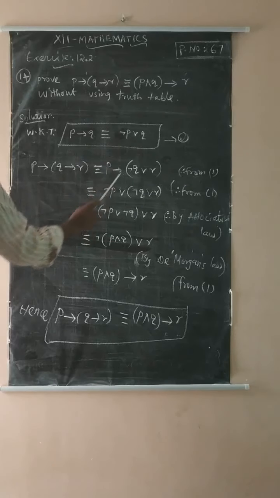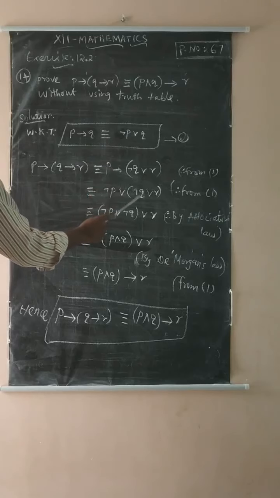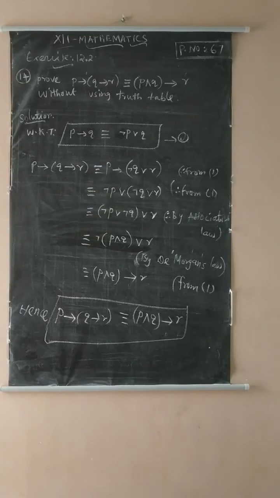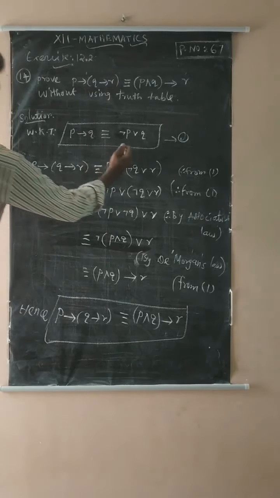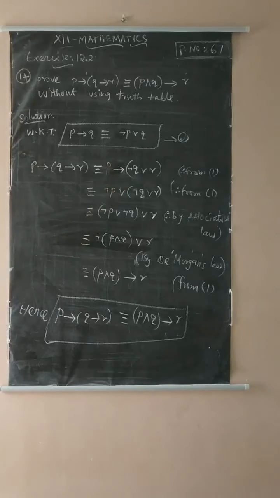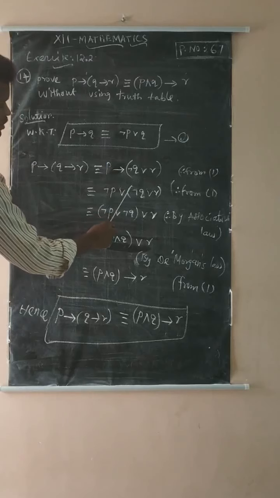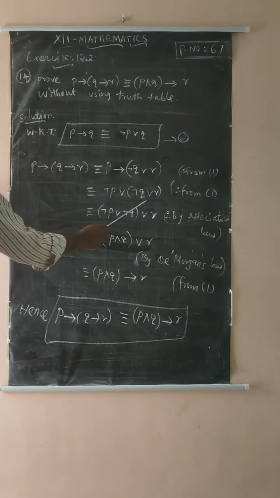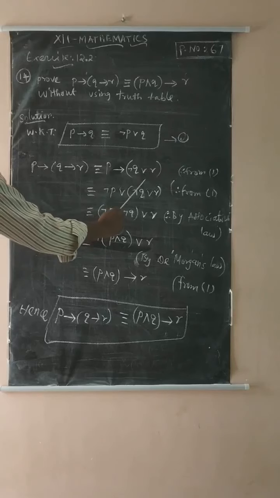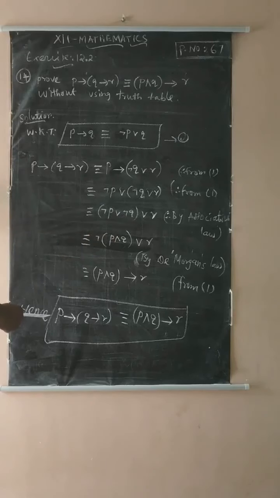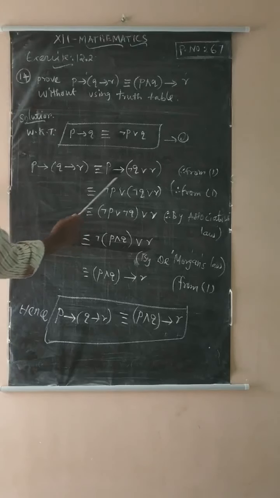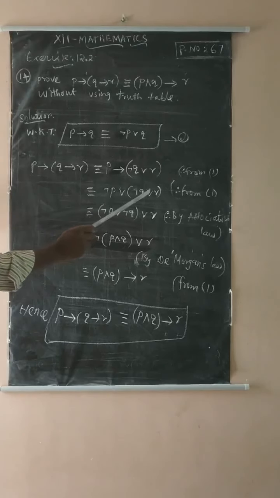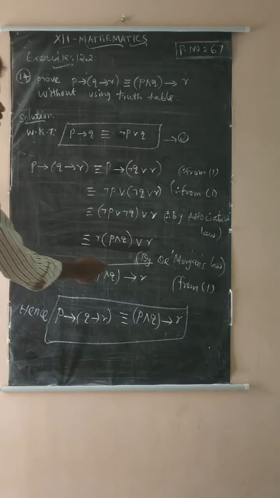Again use this result for the outer statement: negation P or the brace negation Q or R. Next use the associative property and change the brace, so that the brace involves the first term and second term: negation P or negation Q, or R. Next negation P or negation Q is equal to negation of P and Q, that is De Morgan's law.